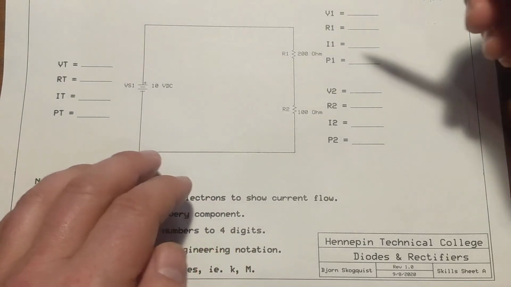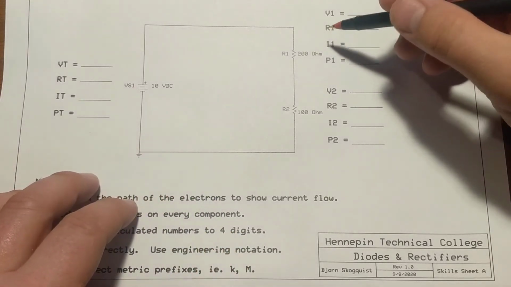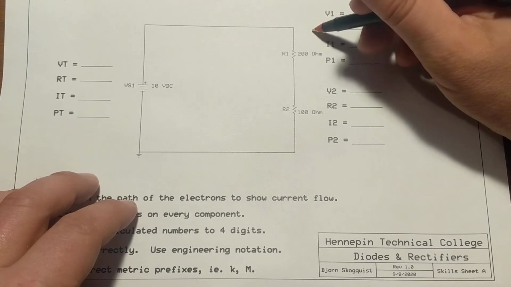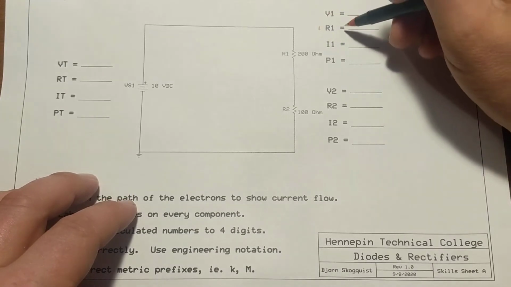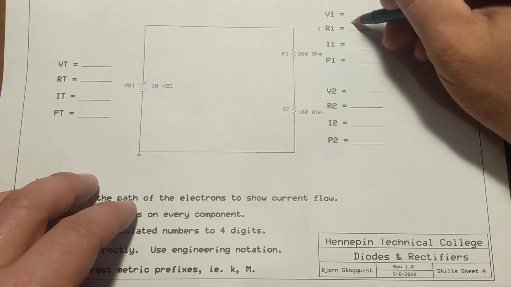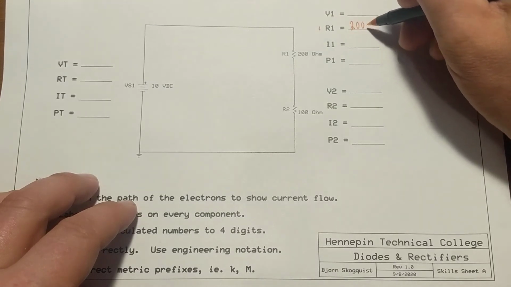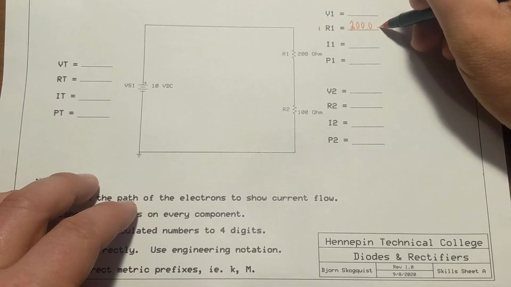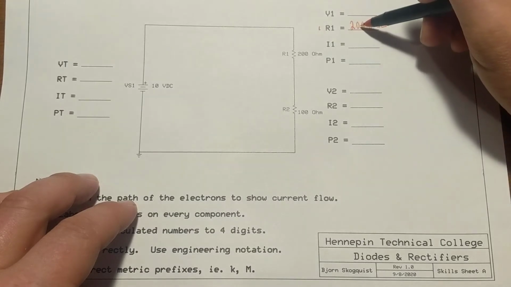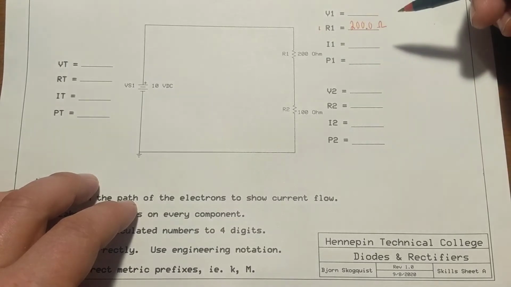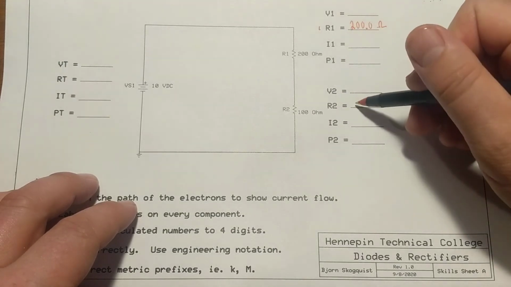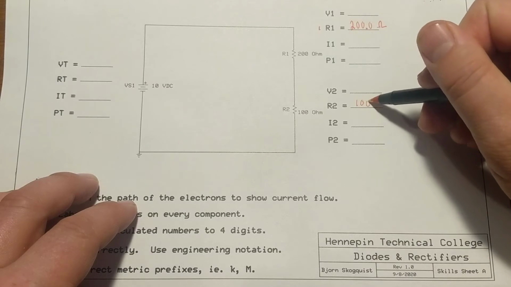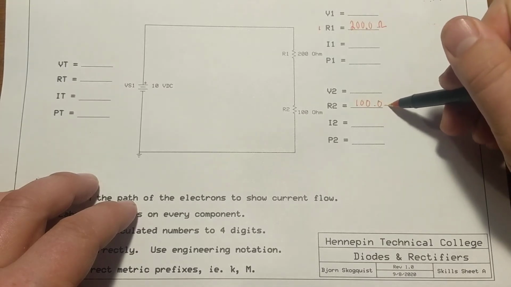Well, let's just start with our givens, and you'll see me, I like to number things so that if I screw something up I can go backwards. Number 1, I'm going to write in 200 ohms. Notice I use 4 digits. I'm going to go down here, I'm going to write in 100 ohms.